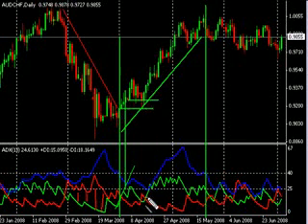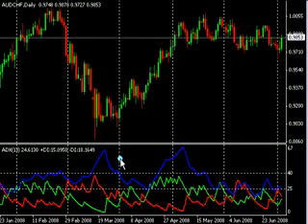Other traders will actually wait until we get a change in trend. What happens is the actual DMI, or the ADX line, the blue line, is the measure of the trend strength. So you can use that as a buffer.